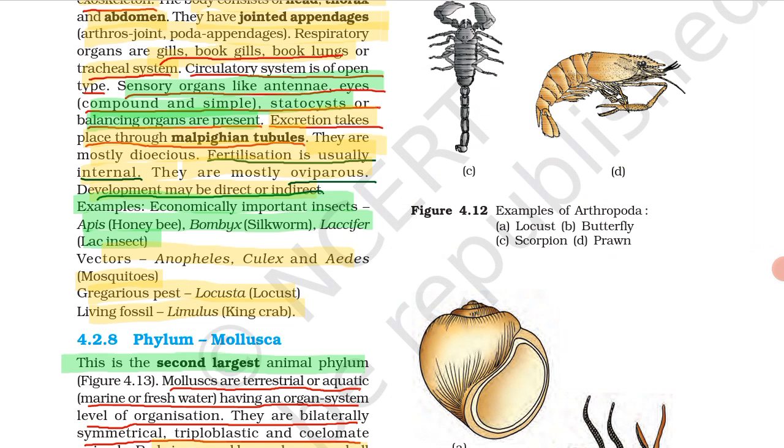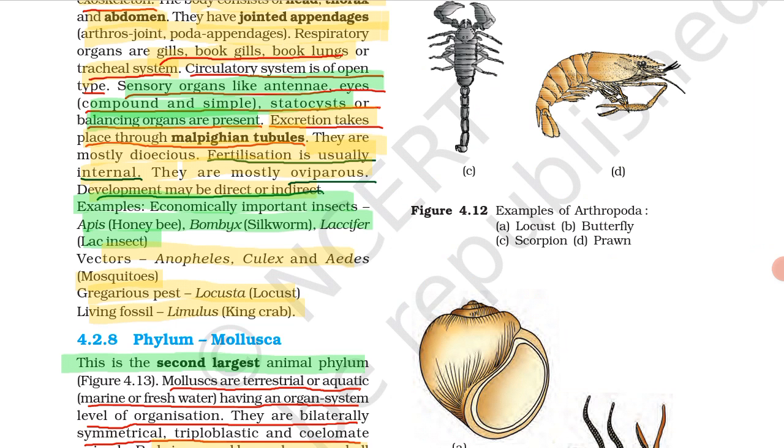Next are examples. Examples in Arthropoda are given about economically important insects, then vectors, then mosquitoes, etc. The economically important insects are Apis, also called honeybee, Bombyx, also called silkworm, and Laccifer, lac insect.